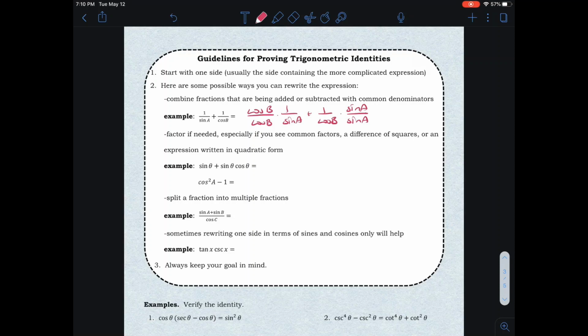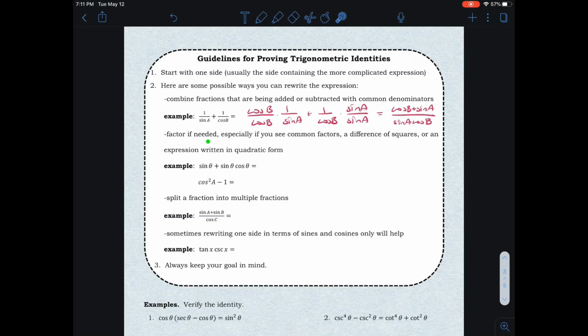And the whole idea is so that the denominators are the same. That way I can combine the two fractions into one, and I would get something like this. So a lot of times when you see fractions that are being added or subtracted, you might want to make the denominators the same.